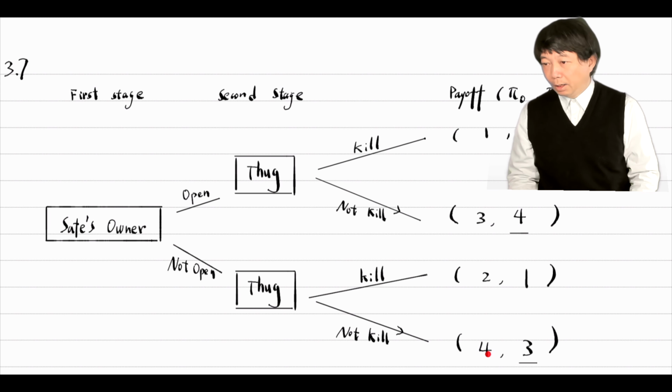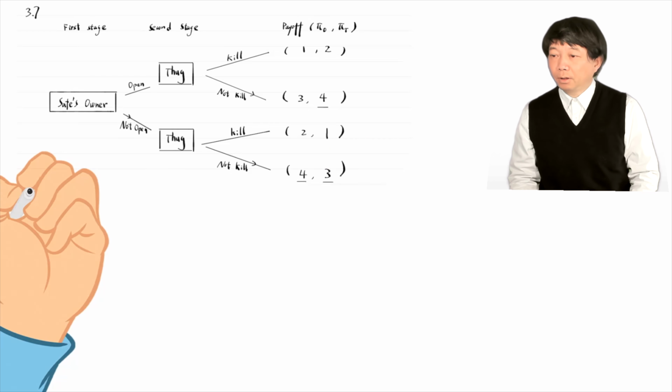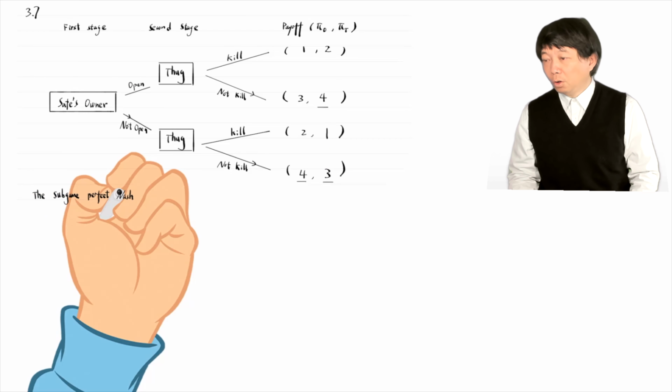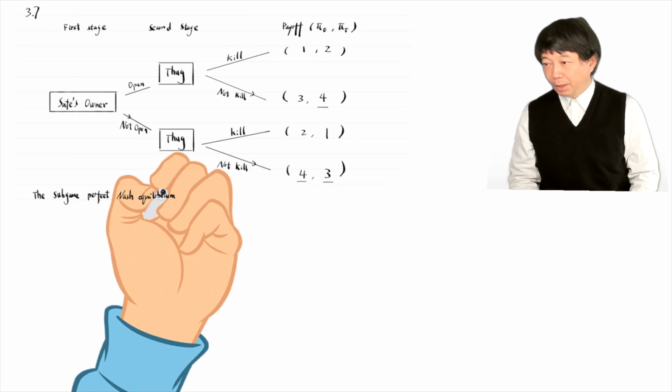The safe's owner is better off not opening the safe. We underline his payoff 4 and add an arrow on the path. The subgame perfect Nash equilibrium is that the safe's owner does not open the safe. The thug does not kill the owner, no matter what the owner chooses.